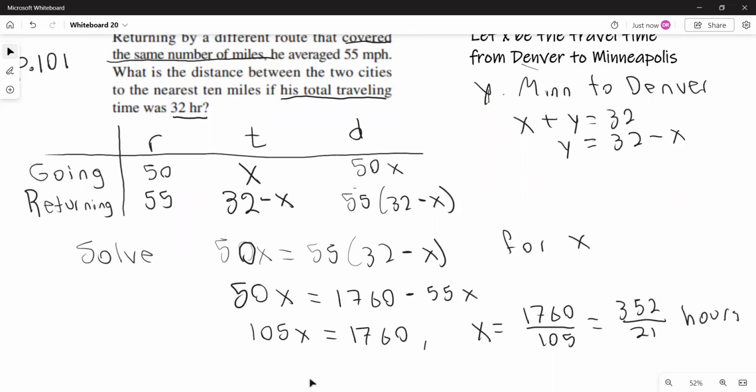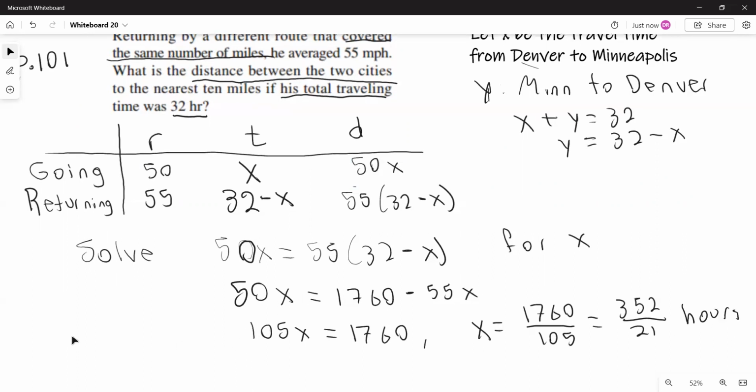So we found the travel time from Denver to Minneapolis, but we're not done yet because we want to find the distance. They are asking us for the distance between the two cities, and if we found x, the distance is going to be 50x.